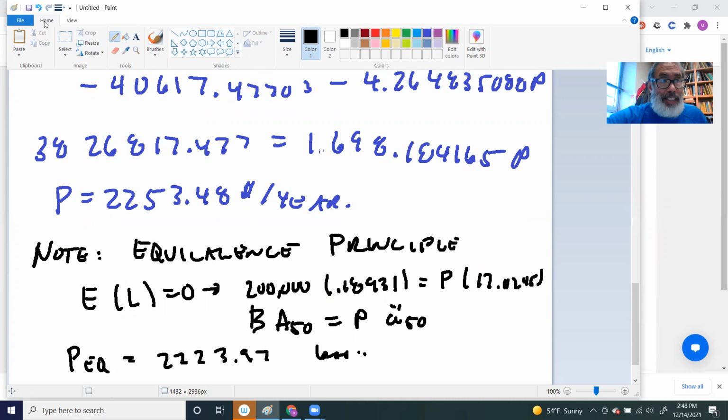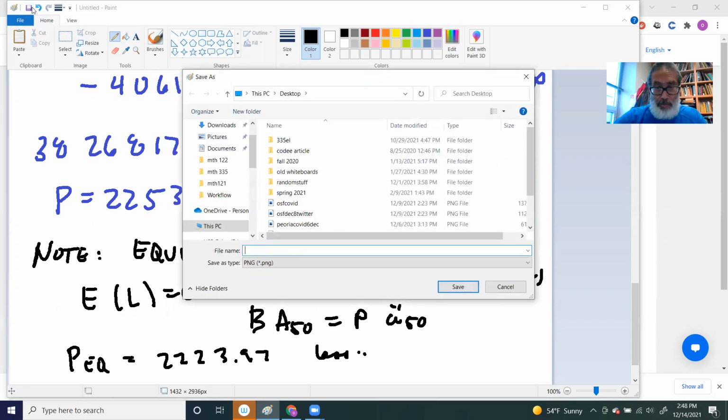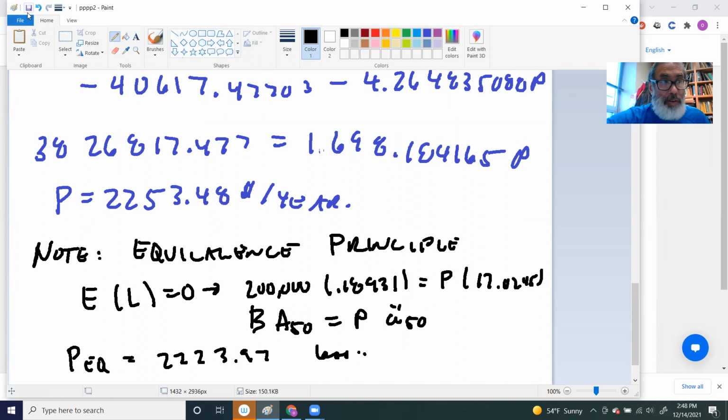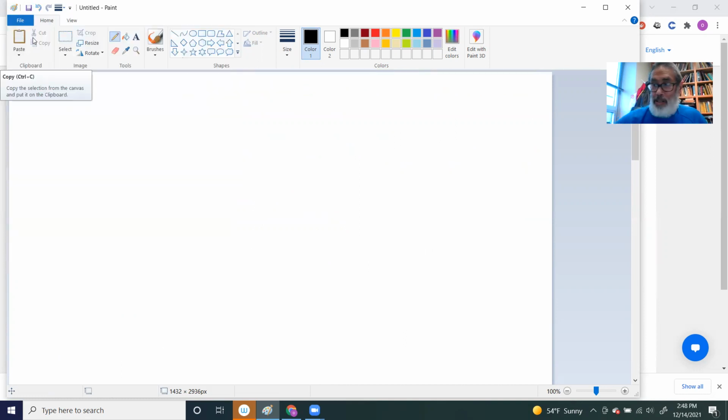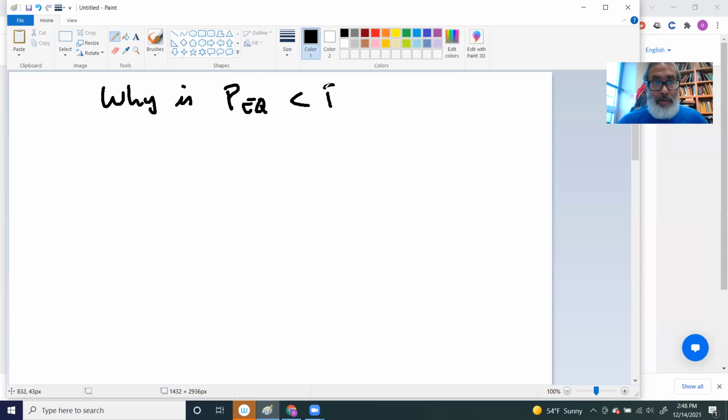Now, why is that? Well, you can probably see why, but I'll go through a very quick derivation, so hopefully this makes sense. So P equivalence is going to be less than or equal to the portfolio percentile principle.